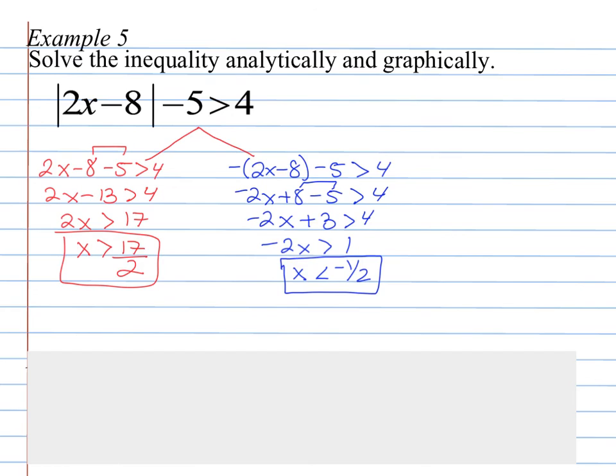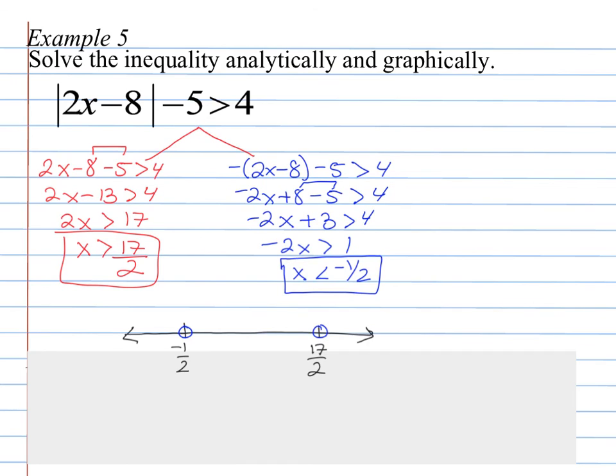Now if I graph it, I'm going to do a simple graph. There's my line. I know that -1/2 is over here, and I know 17/2 should be somewhere over here. And they're both not part of the answer, so I'm going to have a parenthesis at each one.